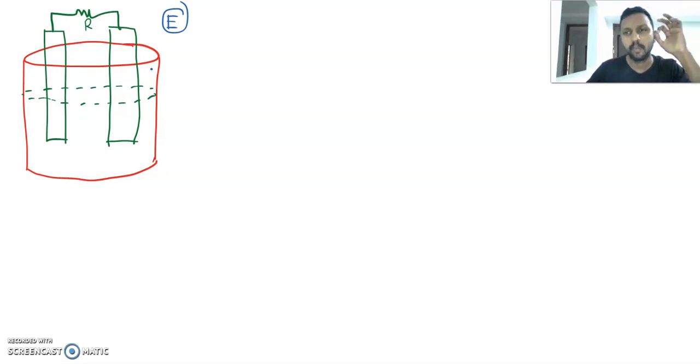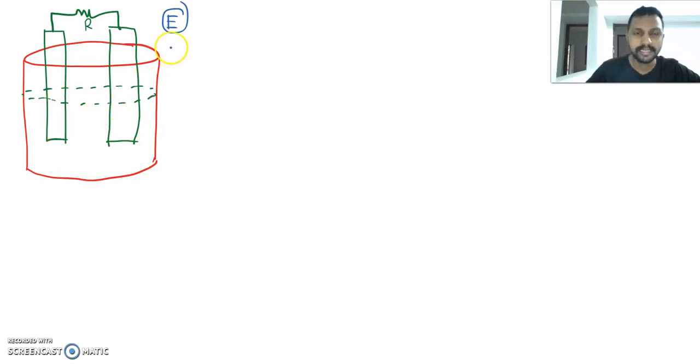EMF is the work done to move a unit positive charge from one electrode to another electrode through the electrolyte. Let me repeat. EMF is the work done to move a unit positive charge from one electrode to another electrode through the electrolyte. Therefore, EMF is not force, EMF is work to move a unit positive charge from one electrode to another electrode through the electrolyte.